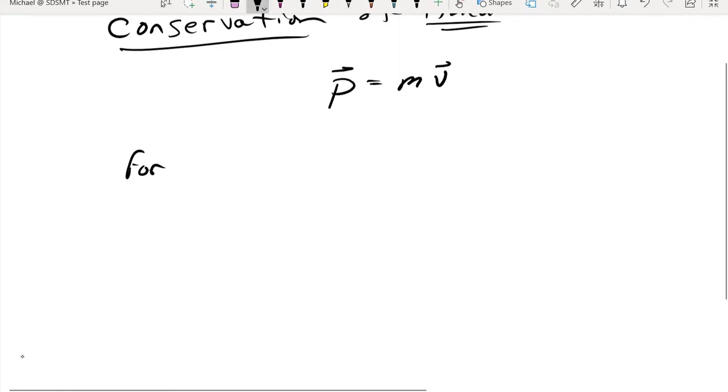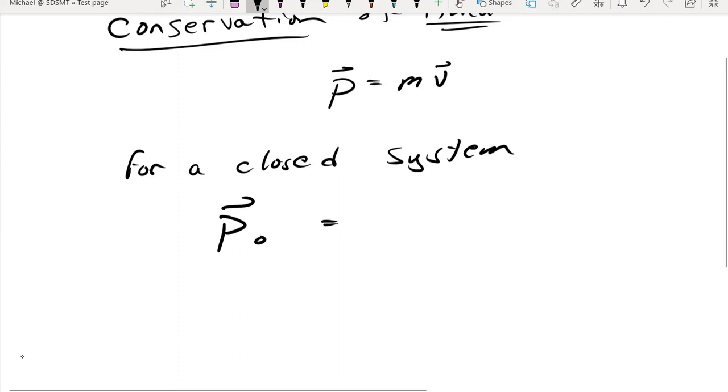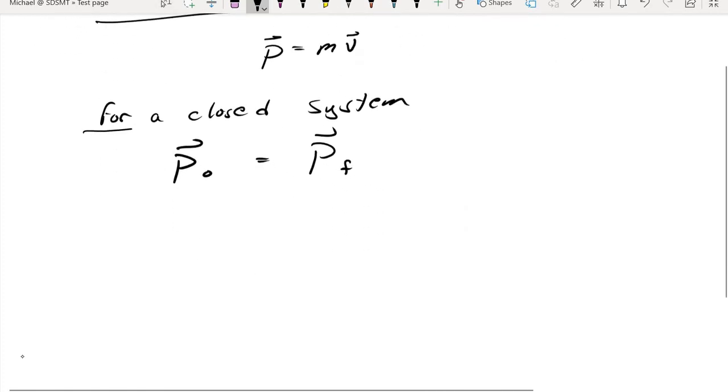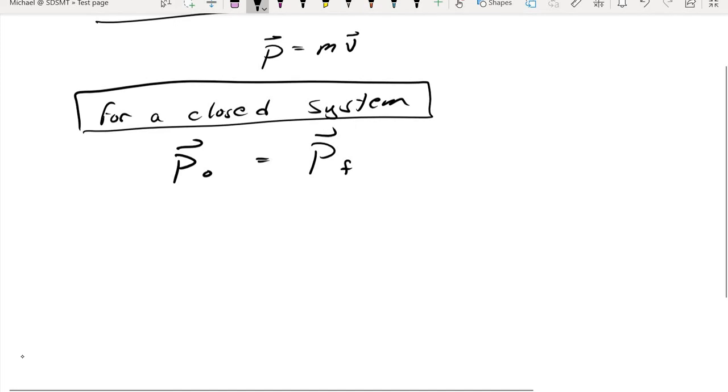So for a closed system, the momentum that we start with has to equal the momentum that we end with. So what does that mean for a closed system? A closed system could be just one mass. If all we ever have is one mass in the system, then the momentum of that mass can never change.